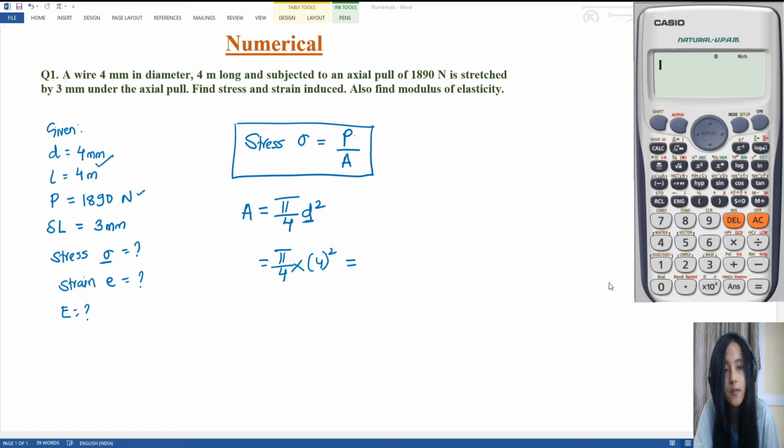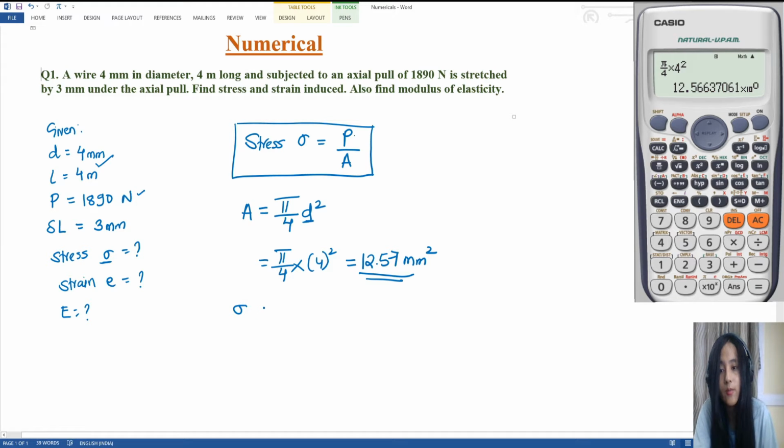Let us do it in a calculator. So I have pi by 4 into 4 square. So I'm getting 12.56. So I'll round it off and make it 12.57 mm square. So my area is equal to this much. Now let's find stress. Stress sigma will be equal to force given is 1890 Newton, right?